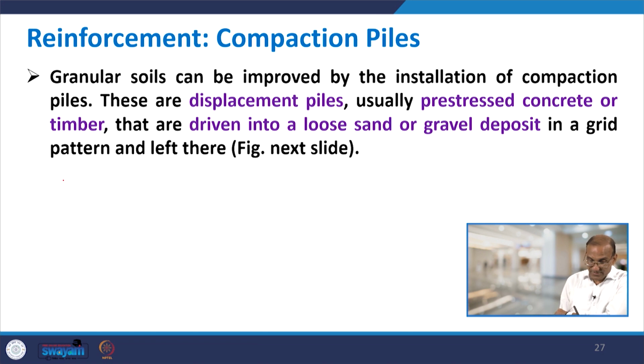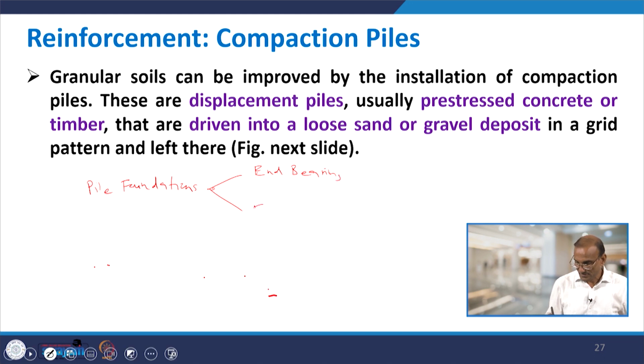So, one thing I would like to point out: different types of pile foundations are there. Normally you have two types, end bearing piles and friction piles.